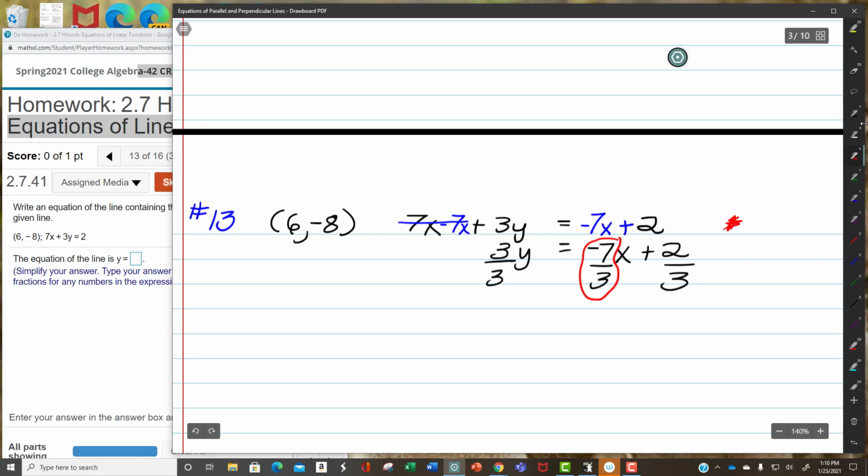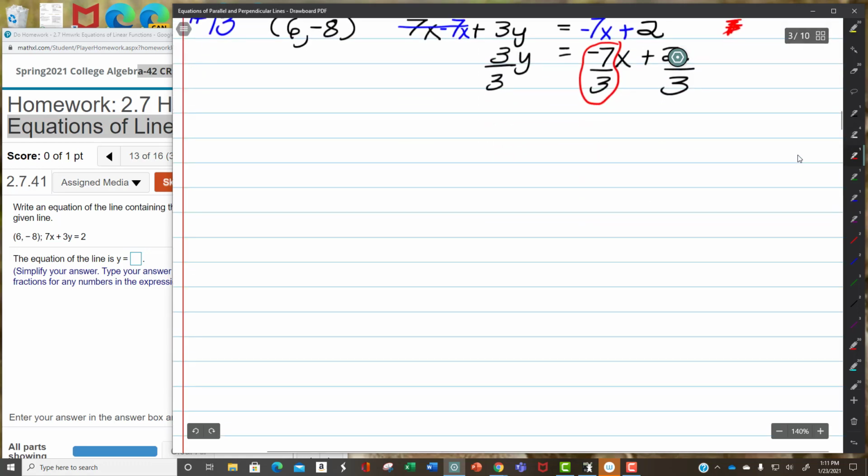Well, no, I'm not going to write it there. I'm going to write it here, the slope of the given line. Negative 7/3. Now, A. The slope of the given line is negative 7/3.